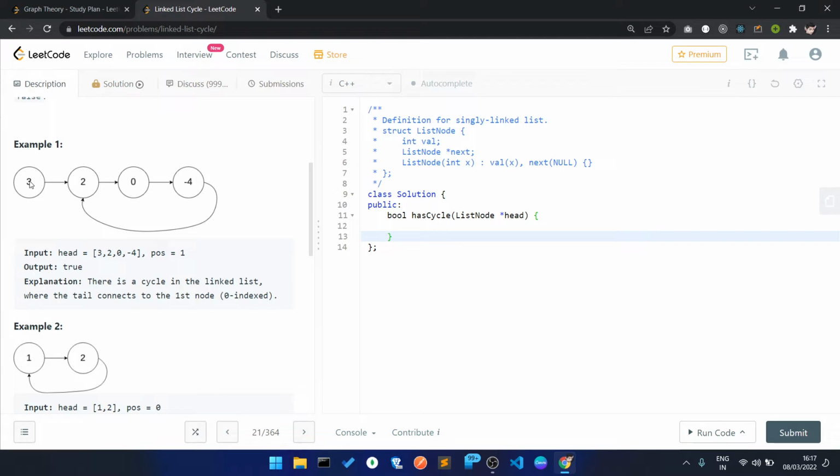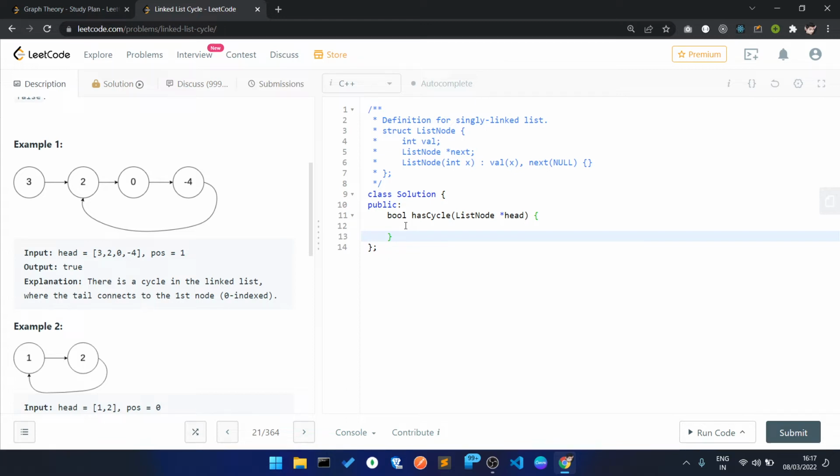In that algorithm, we make two pointers. One has a slow speed and another has a high speed. What does that mean? In one step, the slow pointer can travel only one step, but the fast pointer travels two steps at a time.